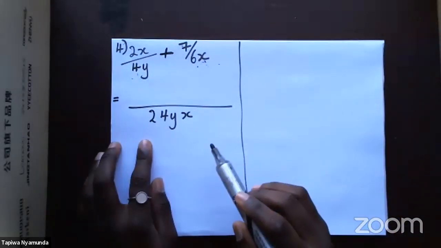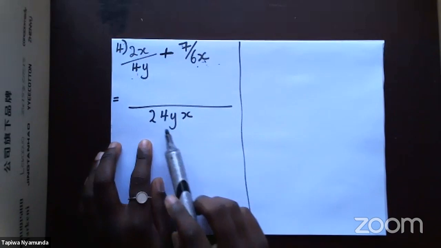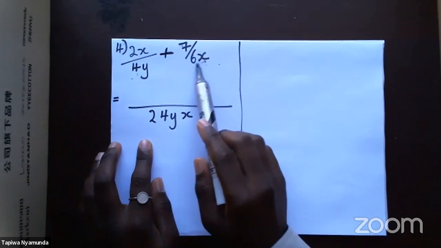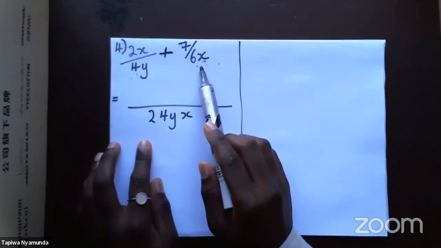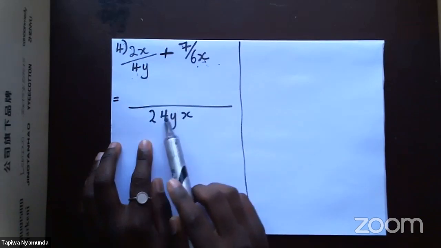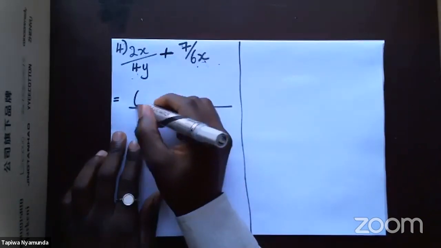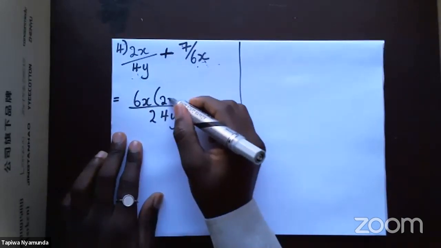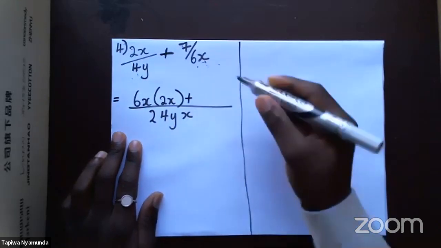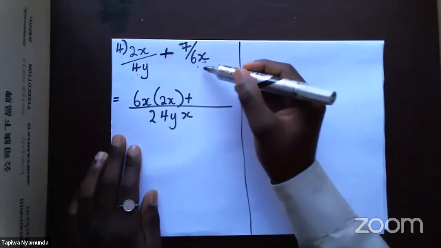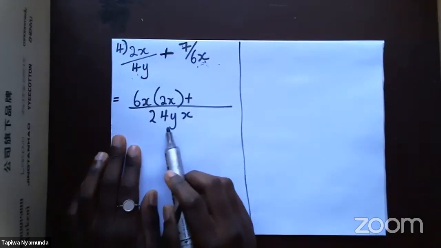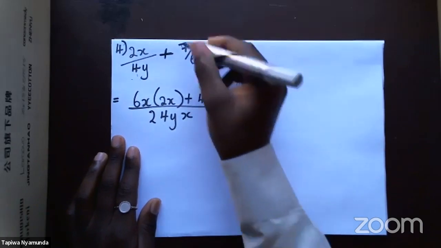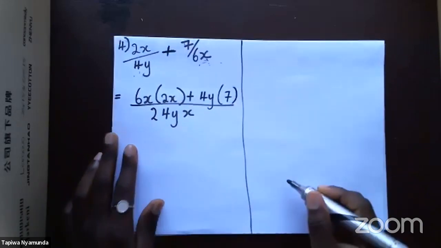Okay, so what do I do next? I'm going to say 4y divided by this. When I say 4y divided by this, I always get the one that is next to it. So I'm going to say 6x times 2x, plus, again, 6x divided by 24yx, I'm going to get 4y, multiplying by 7 there.